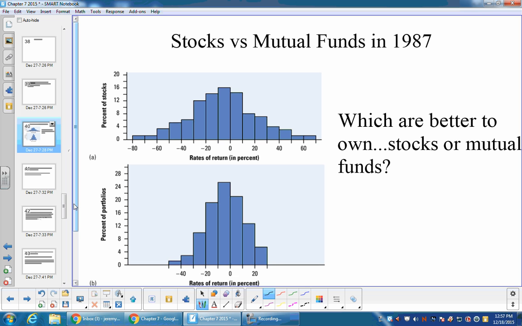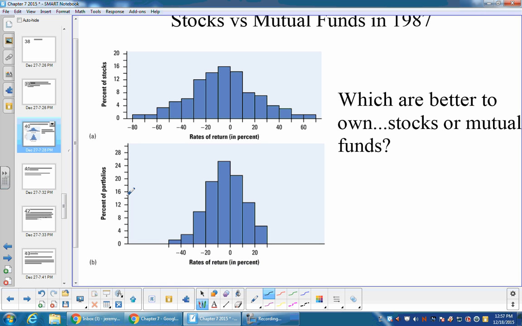But if you have a portfolio like a mutual fund, which takes a bunch of stocks and combines them together, you don't really have the swings as good or as bad as you do with individual stocks. That's good and it's bad. You can't make as much money, but you also can't lose as much money. These are just safer bets.